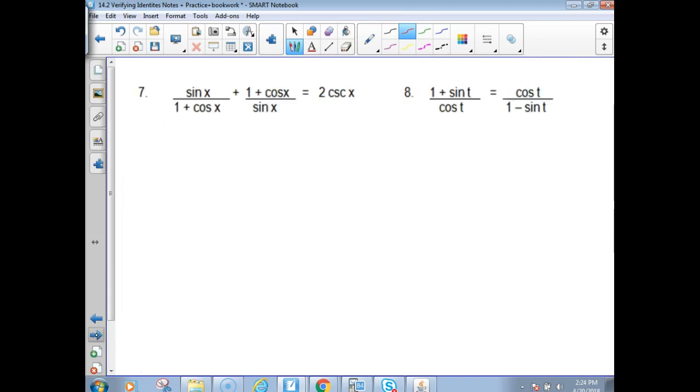Okay, number 7. Oh boy, another one with addition. I'm going to work the left side. I don't know if I said that on the last one. Got to get common denominators. So I'm just going to rewrite the first fraction. I'm going to multiply the first fraction by the second fraction's denominator, sine x.